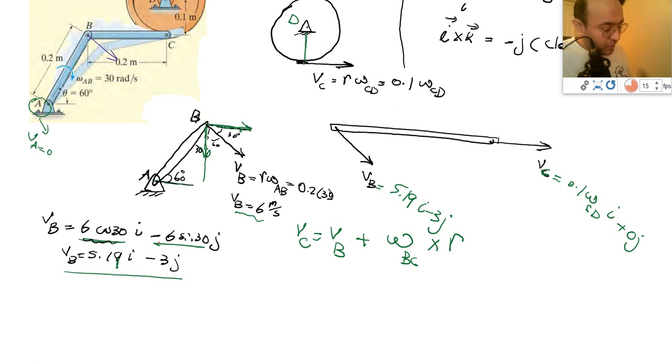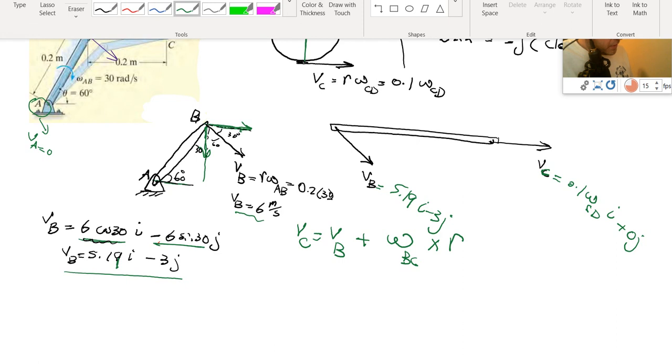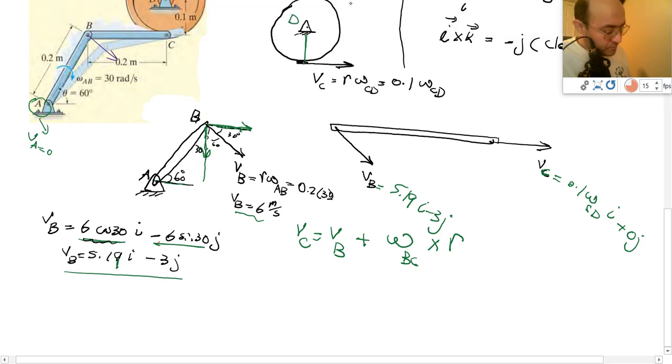Then the R that I'm going to use is going to be R of the second one compared to the first one, which will be R of C with respect to B.